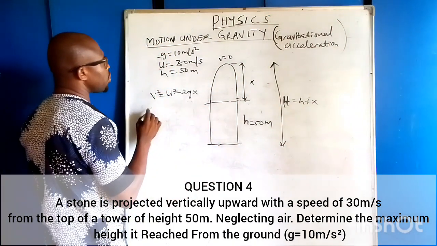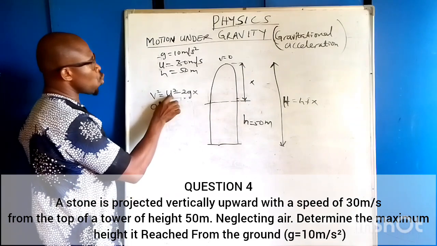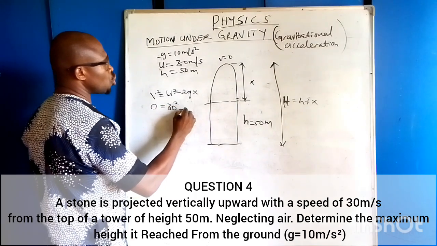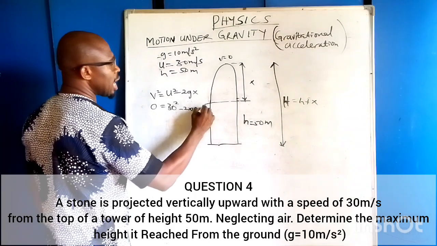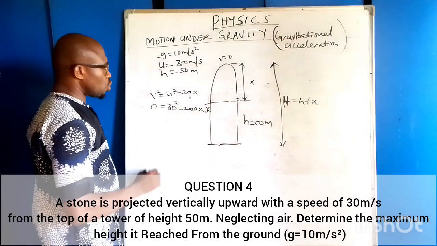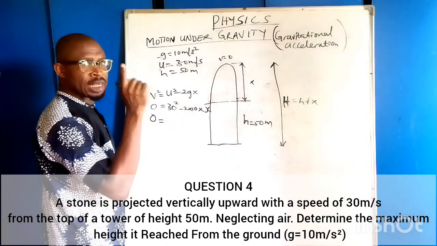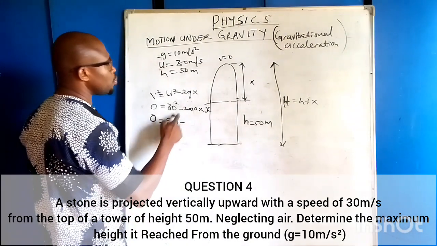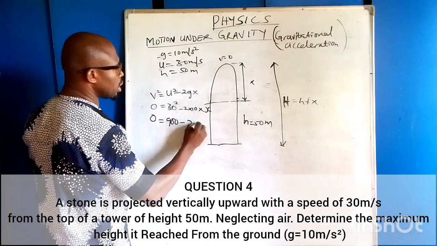So we now have v squared is 0, which is equal to u squared, 30 squared, minus 2 times 10 times x, which will give us 0 is equal to 900 minus 2 times 10, 20 times x, 20x.